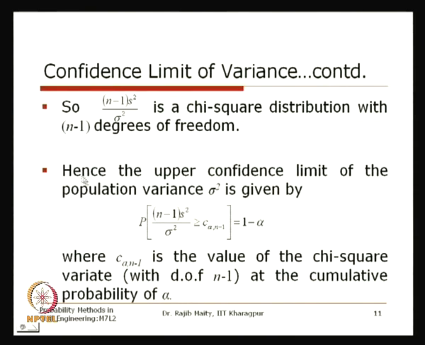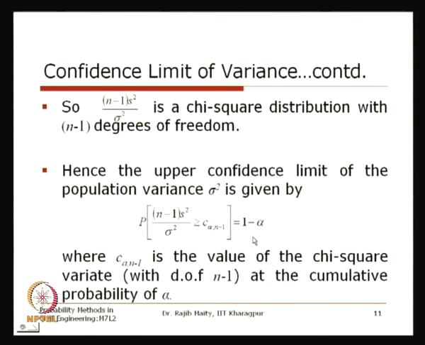Hence, if we are interested in the upper confidence limit of the population variance sigma square, it is given by the probability that n minus 1 S square by sigma square is greater than or equal to C alpha, n minus 1, equals 1 minus alpha. Here 1 minus alpha is the confidence we are looking for, and C alpha, n minus 1 is the value of the chi-square variate with n minus 1 degrees of freedom at cumulative probability alpha.